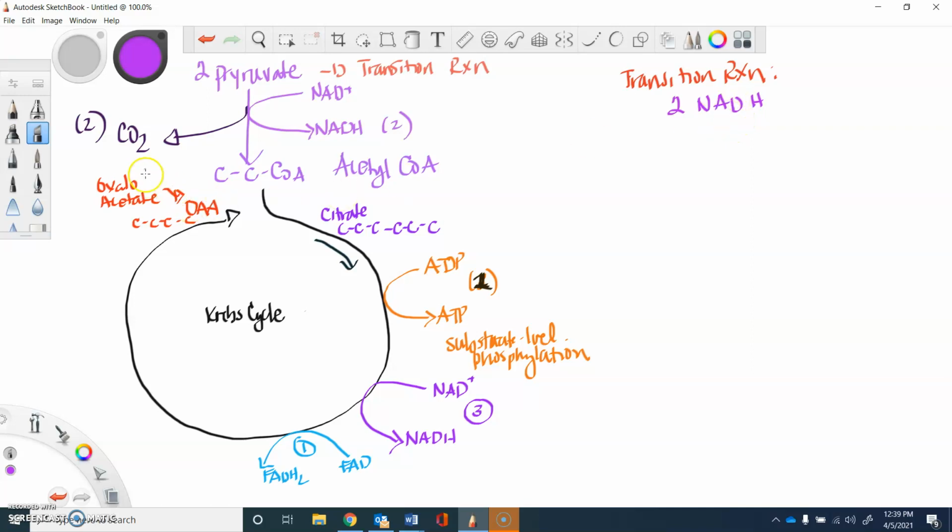We also got that carbon dioxide, and in the Krebs cycle, we're going to get, in one turn of the Krebs cycle, we're going to get 1 ATP, 3 NADHs, and 1 FADH2.